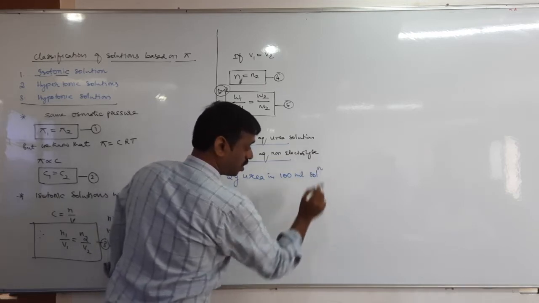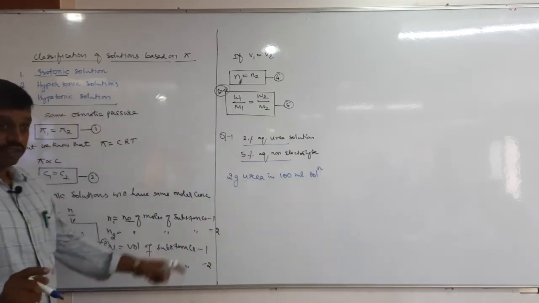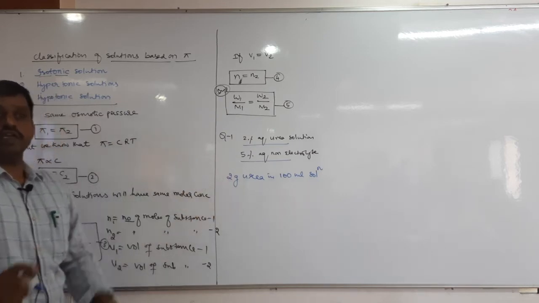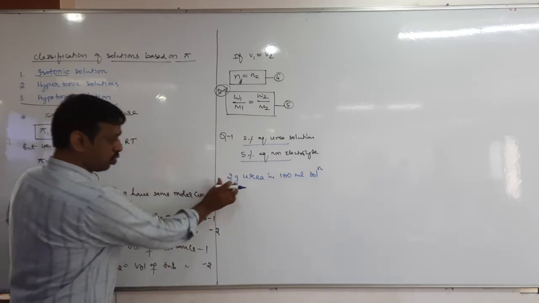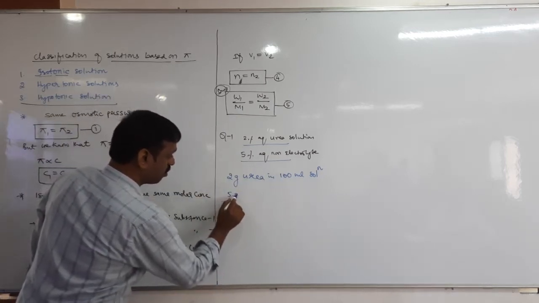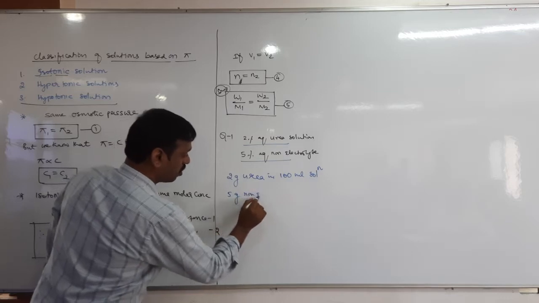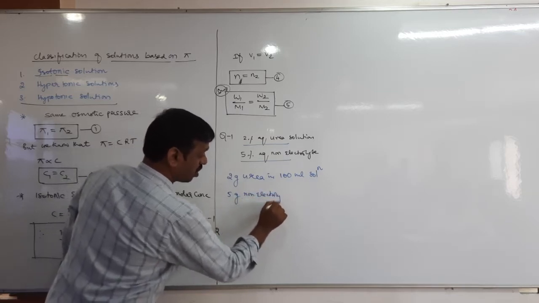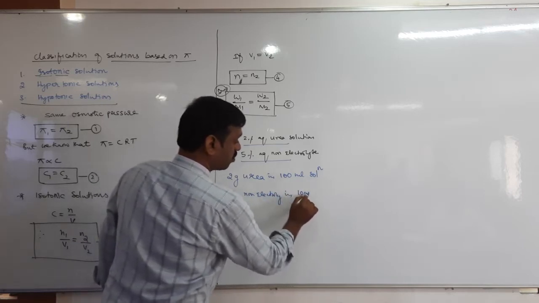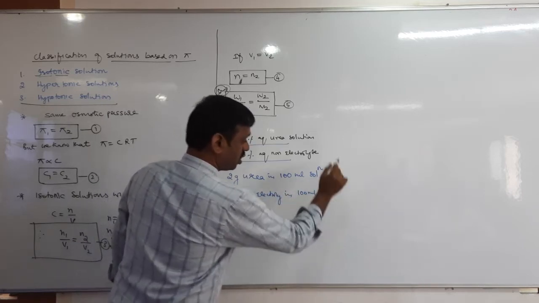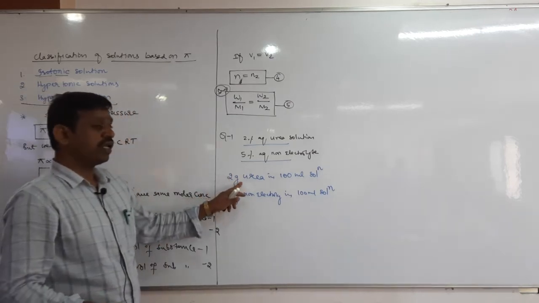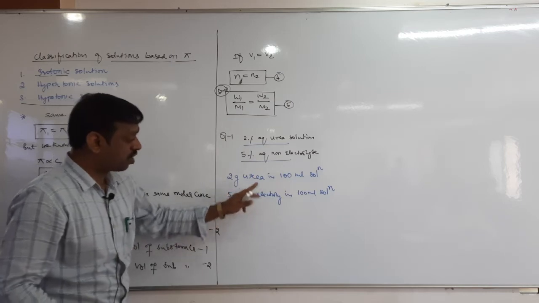In the last class I explained, if the percentages are given for osmotic pressure, you should take W by V. So 2 grams urea in 100 ml solution, and 5% is 5 grams of non-electrolyte, which we don't know, dissolved in 100 ml of aqueous solution.